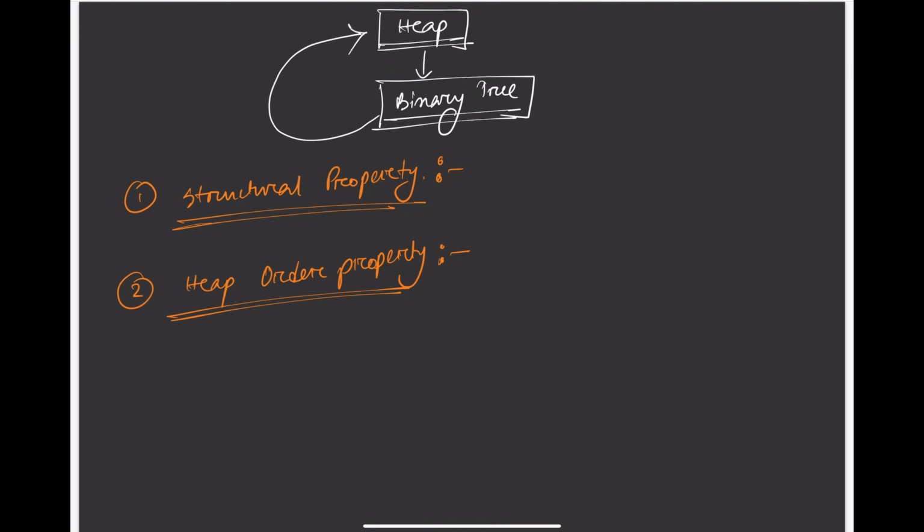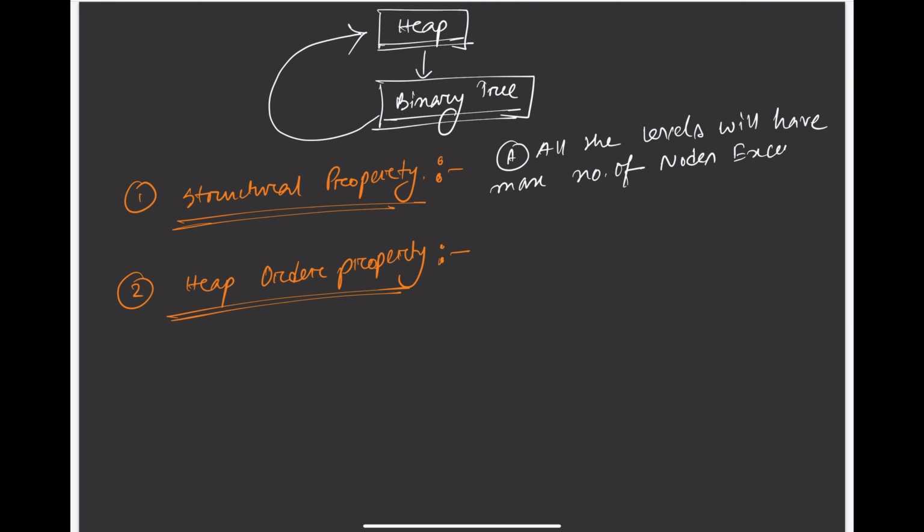Now, what is the structural property? Structural property means two things. All the levels have the maximum number of nodes except the last level. These are things an interviewer will ask you, whether you are a fresher or an experienced developer.